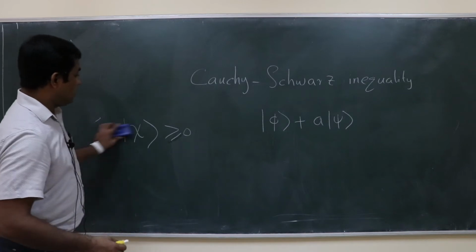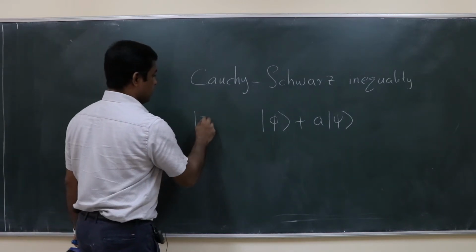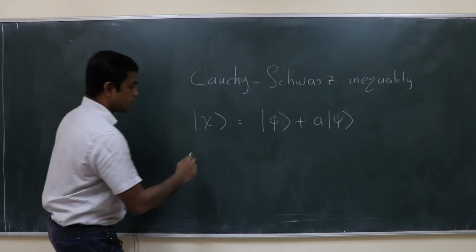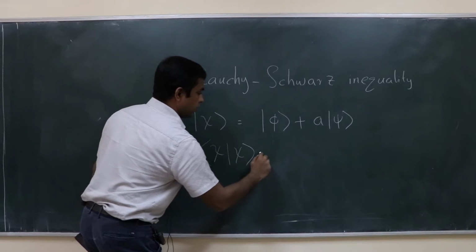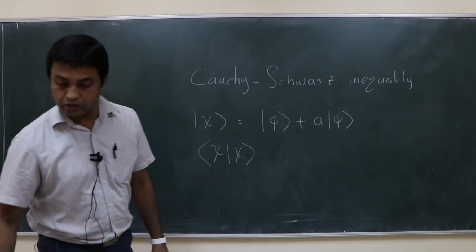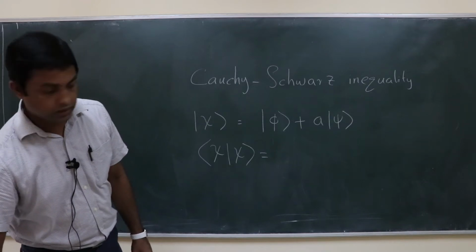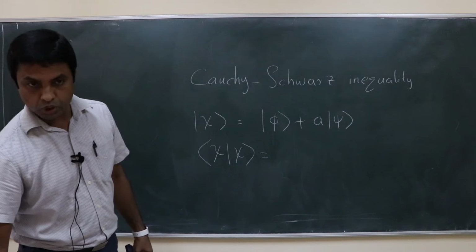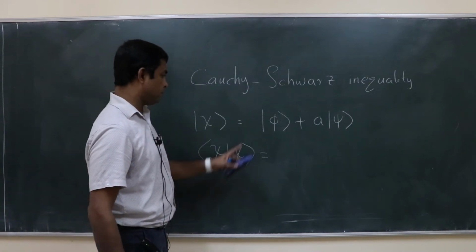So if you call this vector chi, what is bra chi ket chi equal to? Can you quickly tell me, whoever has understood how to take the dual of a vector and take the inner product? So I have basically done an inner product of ket chi with itself. What will be the first term?